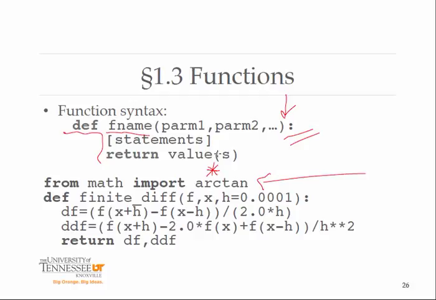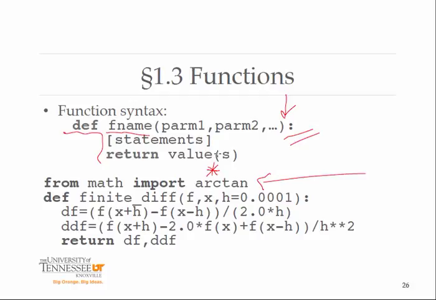But right now, we're defining a finite difference function called finite_diff, and then begins the parameter list. f is going to actually be a name holder for the function that we're going to use in the finite difference approximation. And then the independent variable will be x, and then we have a step size or a parameter called h.